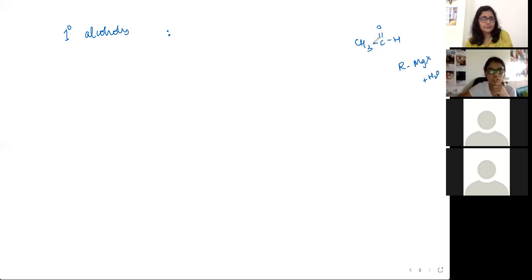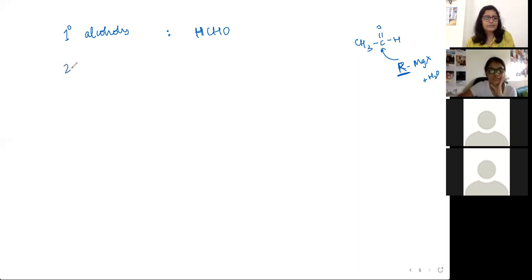Then it will become a secondary alcohol. For primary alcohols, the only raw material you can take is formaldehyde, HCHO. That's the same thing that we did, right? Yes. This is the only case where you get primary alcohols. You can control the length of the primary alcohol by taking the appropriate Grignard reagent, by using this R. But this is the only thing that will give you RCH2OH.